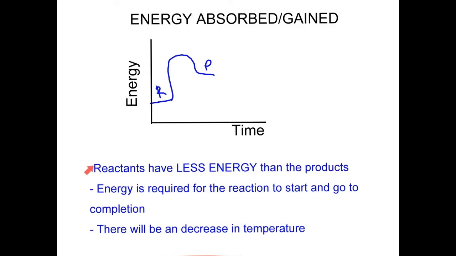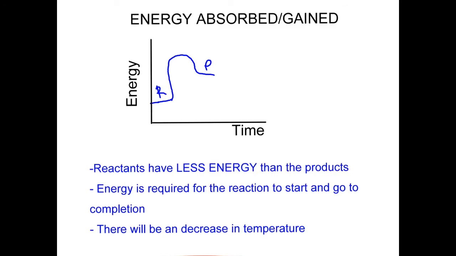So in summary, reactants have less energy than the products. Energy is required for the reaction to start and go to completion. And there will be a decrease in temperature. So you'll see within the system that the temperature decreases as these products are being formed.